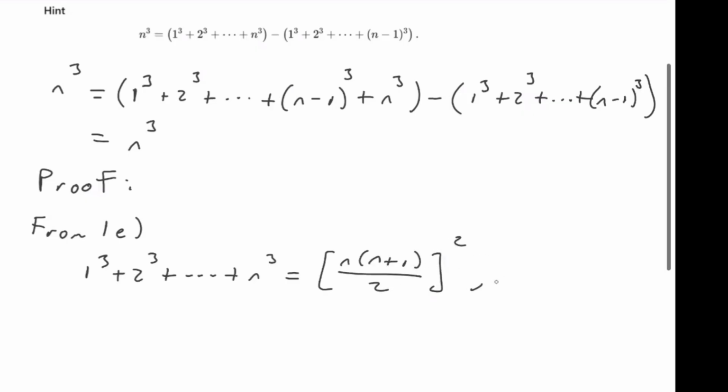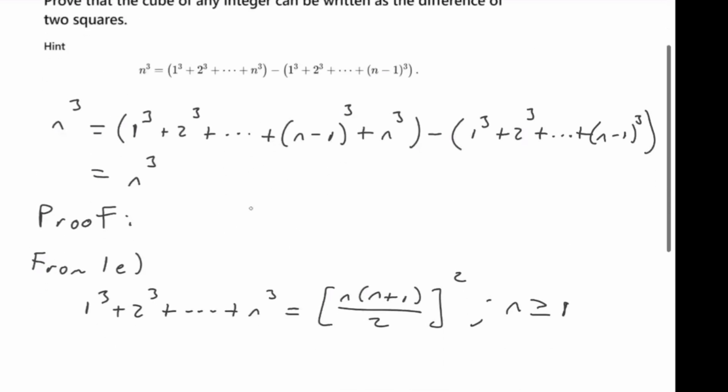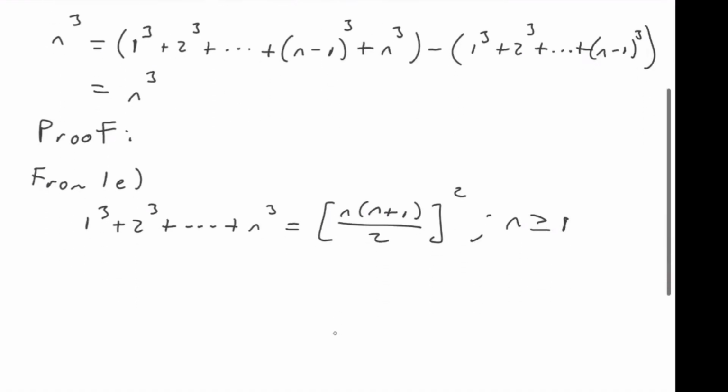And this was true for natural numbers n bigger than or equal to 1. So we can't just flat out use this because they're saying any integer, right? But he wants us to use this as a motivation, right? So he wants us to, okay, consider.